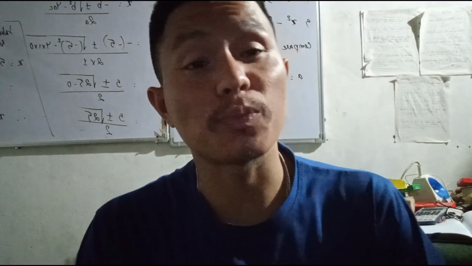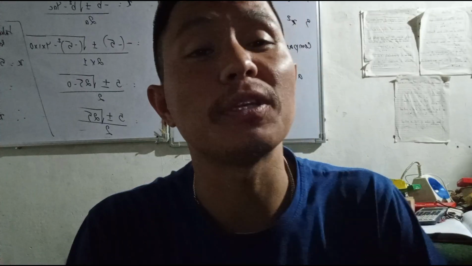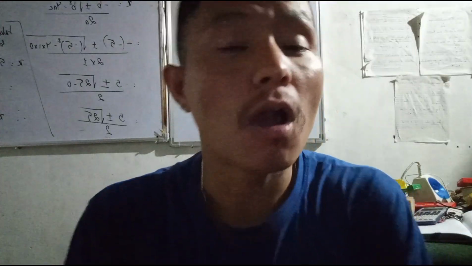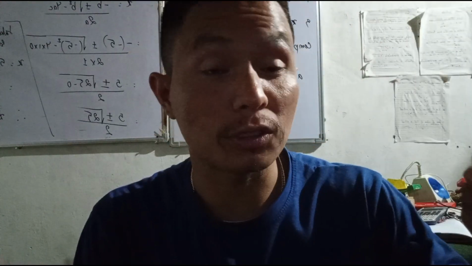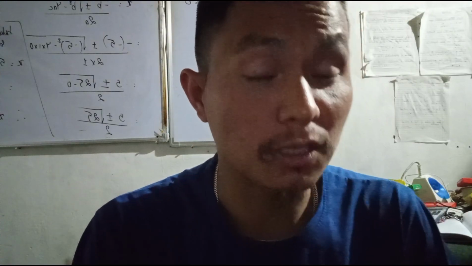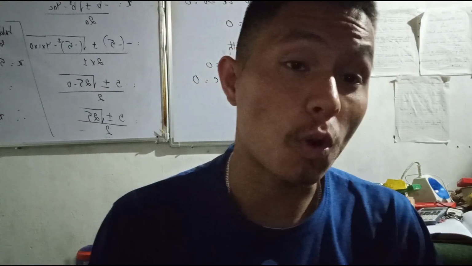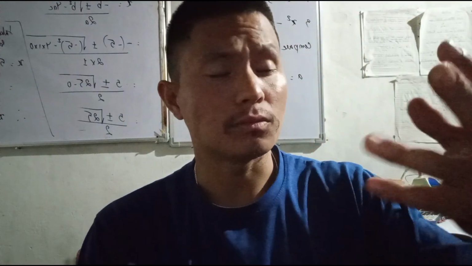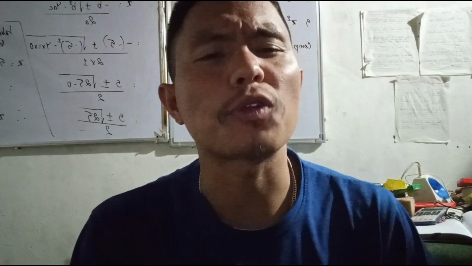So that formula is x equals minus b plus minus under root b squared minus 4ac, whole divided by 2 times a. We are going to use it while solving quadratic equations, and I think this is the most convenient formula. There are no restrictions.